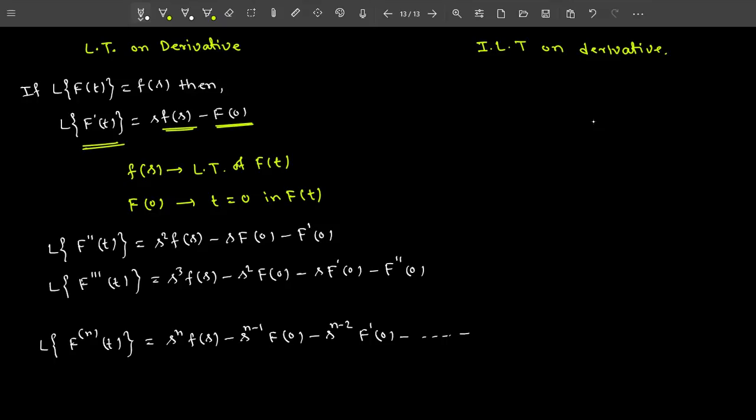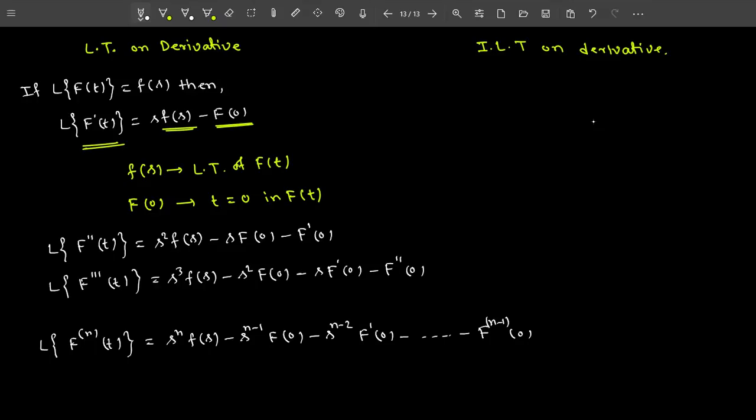The last term: for a single derivative the last term is f(0), for a double derivative it is f'(0), for a triple derivative it is f''(0). So for the nth derivative, the last term will be f^(n-1)(0). Clear? This is the formula.